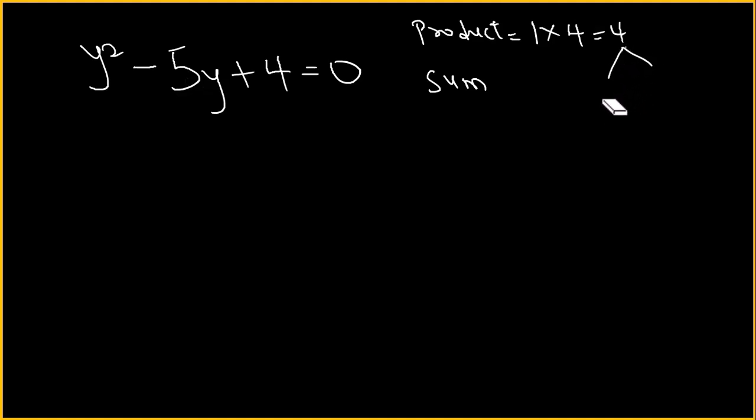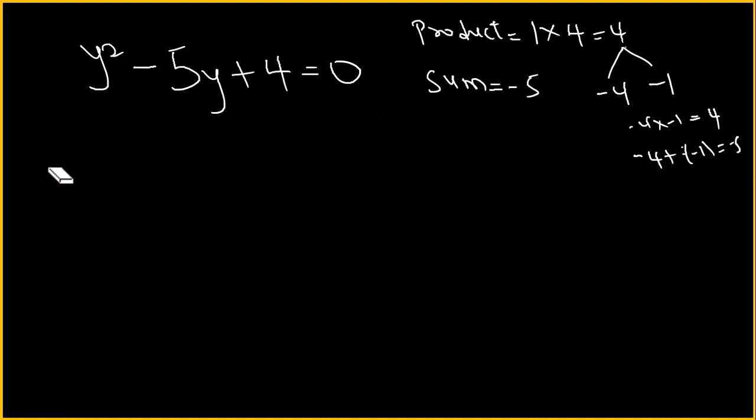We have negative 4 and negative 1. Negative 4 times negative 1 gives us 4. Negative 4 plus negative 1 gives us negative 5. So when multiplied, we should get 4, but when summed up, we should get negative 5.